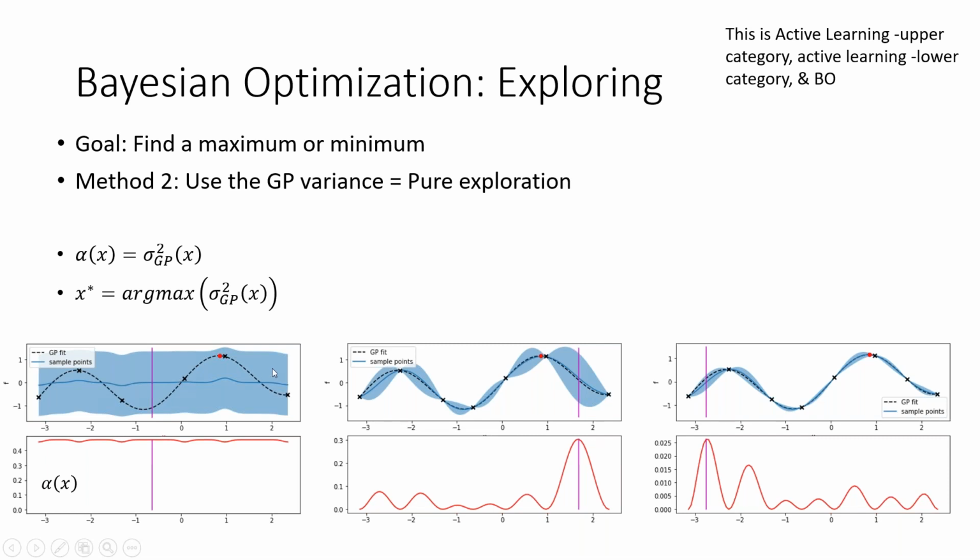So in this case, you can see that the GP hasn't done a great fit to the data, and it has high uncertainty here. So we ask for a measurement here. We get that data point, and now the GP has a reasonably good fit, but it still has a region of high uncertainty, which is indicated by this red curve here.